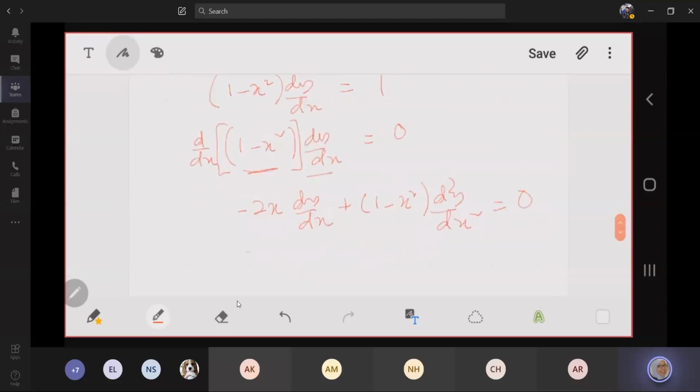So you get (1 minus x squared) d squared y by dx squared minus 2x dy by dx is equal to 0. Okay, correct. So now you prove.